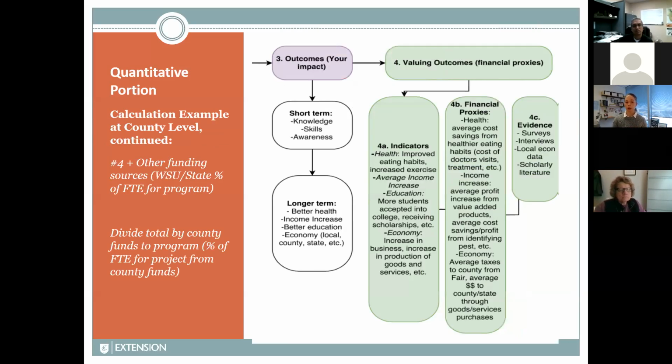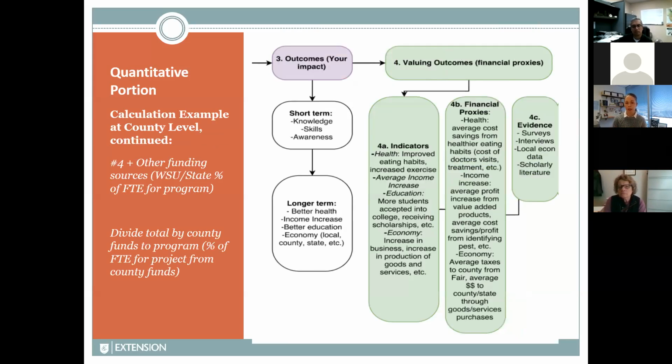So outcomes are both short-term outcomes as well as longer term. And we have tried to value outcomes using financial proxies through a variety of different things. And again, this is a very difficult portion, and this is what we're wrestling with and working through and trying to find more evidence and support for.